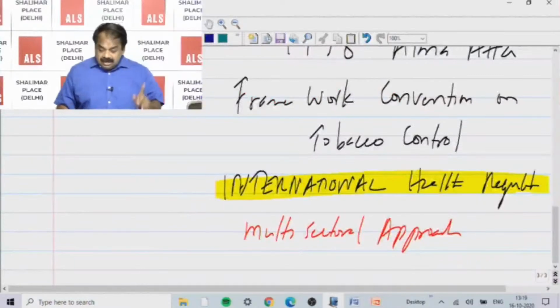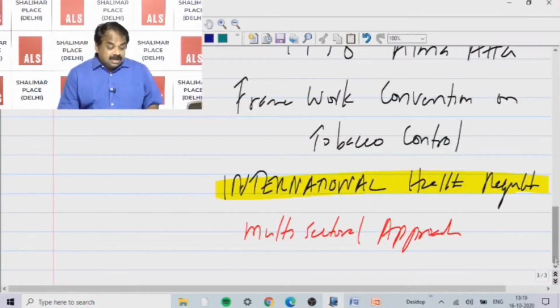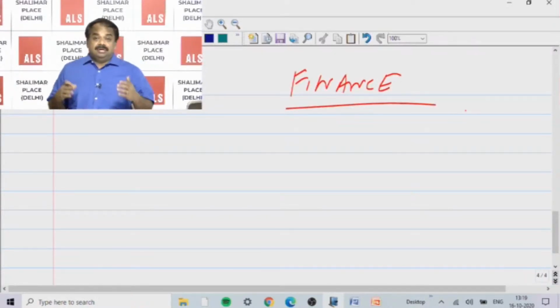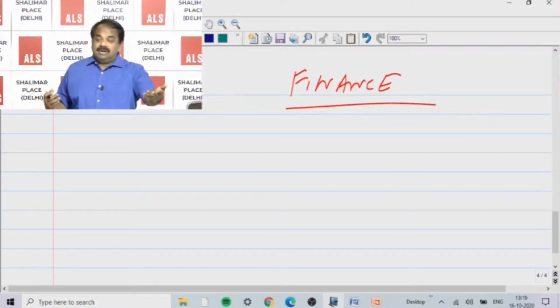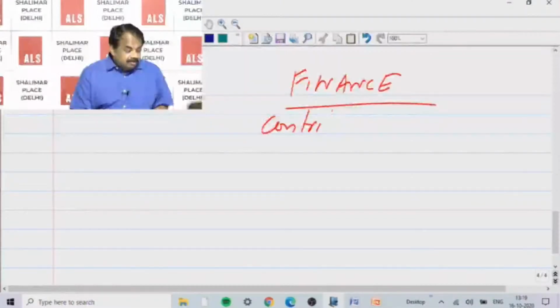Then as far as one big issue, which was one controversy right now, it was regarding the finance of the WHO. In fact, you might have heard that Donald Trump talked about cancelling the finance of WHO. So, WHO relies on contributions from the member states.